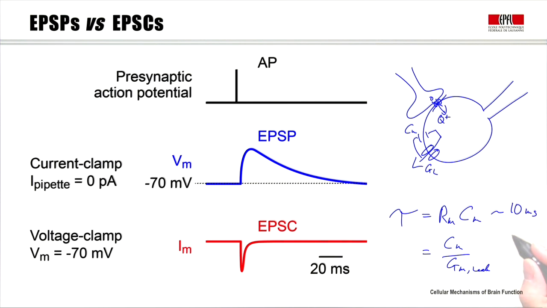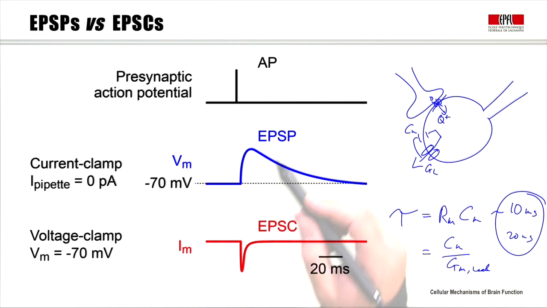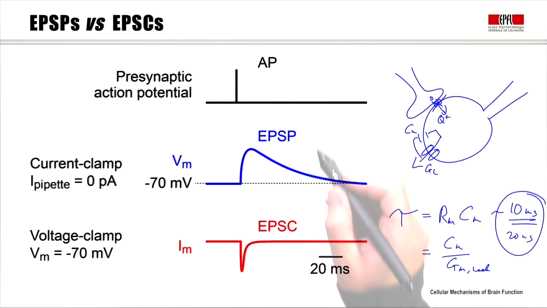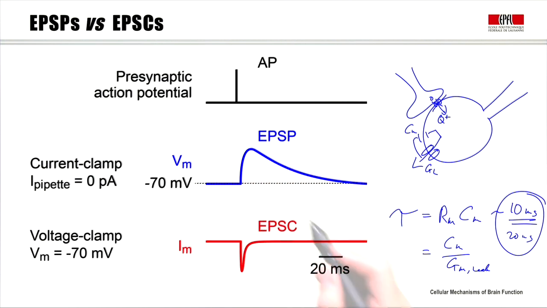So it's somewhere 10, 20 milliseconds in duration, and that's then the conversion factor, if you like, between the EPSC, which has this rapid time constant, and the EPSP, that's through the filtering here, the discharge properties of the membrane capacitor that has a built-in time constant sitting somewhere around 10 milliseconds. And so there's a major difference in the time course between EPSCs and EPSPs, where an EPSP is a much slower and longer lasting event than the underlying conductance that drives it.